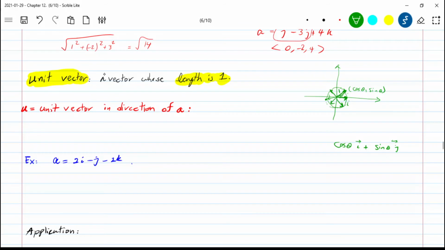With 3D, you can extend the same idea. We'll talk about it later, but first let's understand what the unit vector is and how we find the unit vector in the same direction as we want.